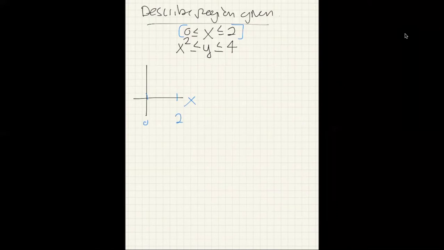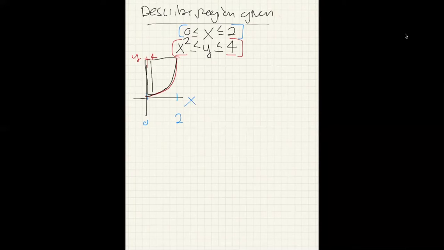And my y's are going from, let's draw that upper bound first, 4. That's the upper bound, and the lower bound comes from a parabola, something like this. So the region in question is this.